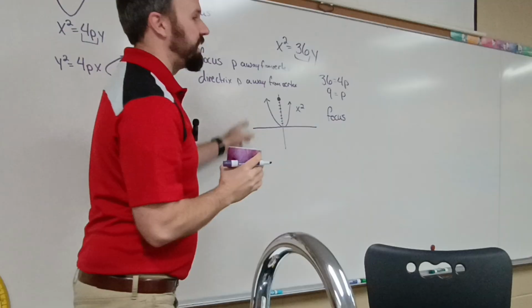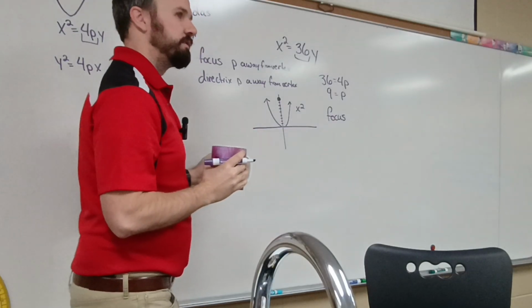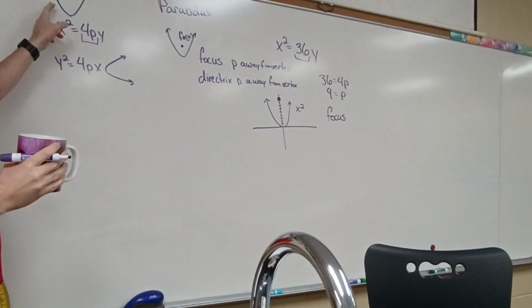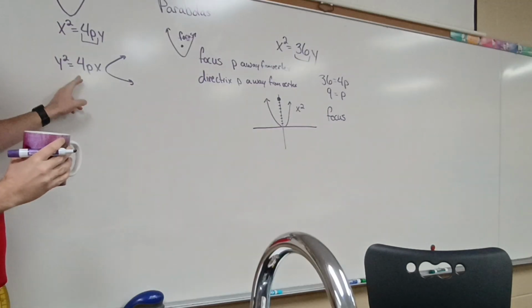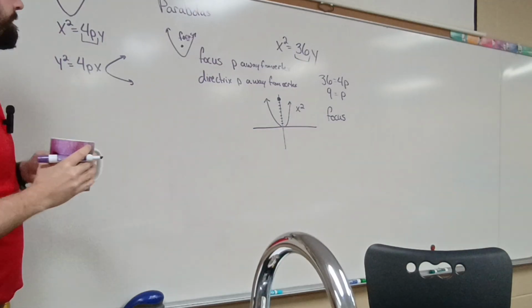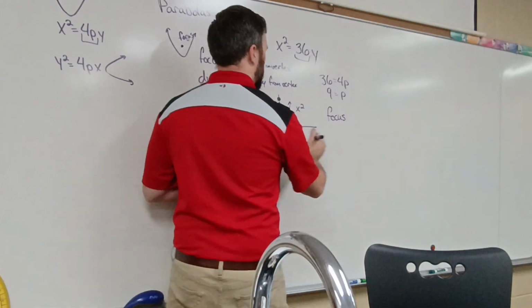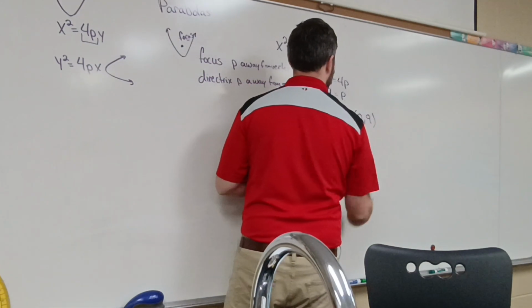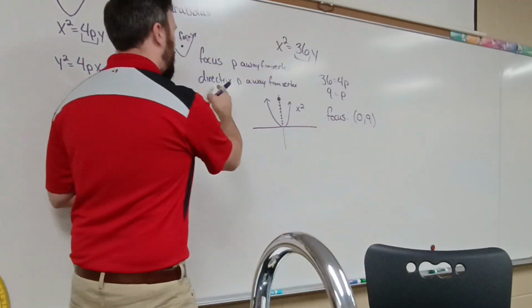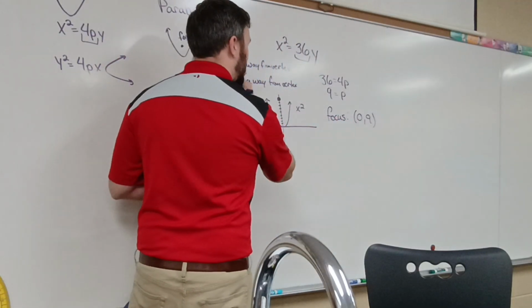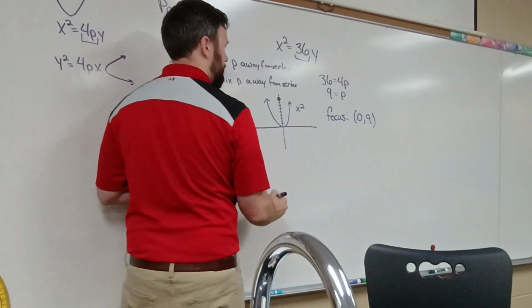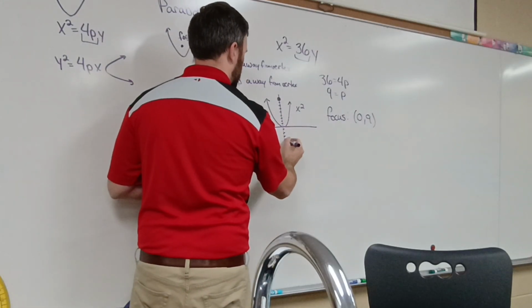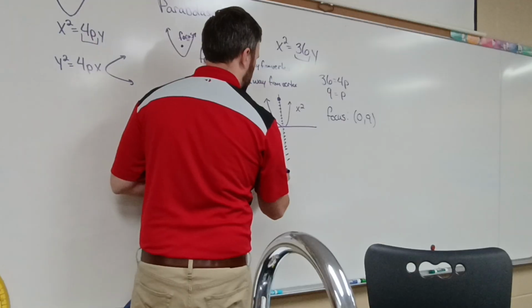Now, how do you know if it's on the x-axis or y-axis for your focus? If it's x squared, it opens up and down. If it's y squared, it opens sideways. Right? So my focus would be 0, 9. Now my directrix is 9 away the opposite direction. So I'm going to go down 9, and that's a line.